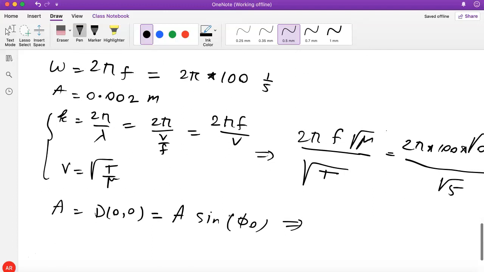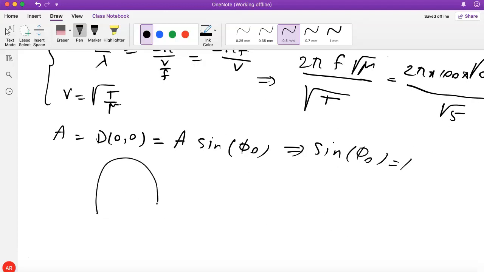Okay, so canceling out the A's, it means sine of phi naught is 1. Right, so thinking about the sine, if it's 1, then phi naught must be pi over 2, right? That's our angle.